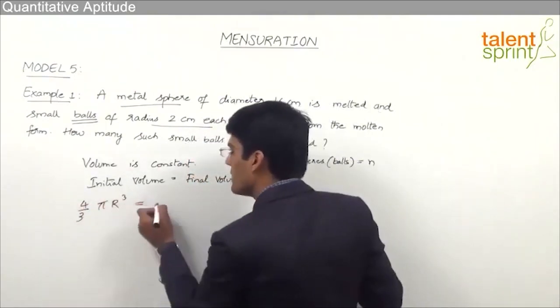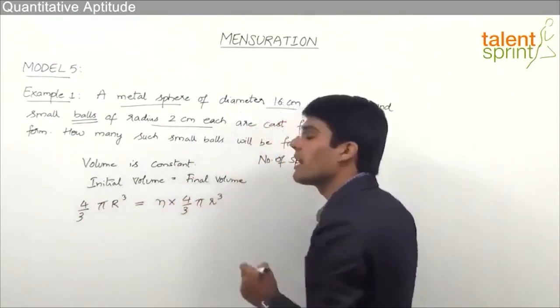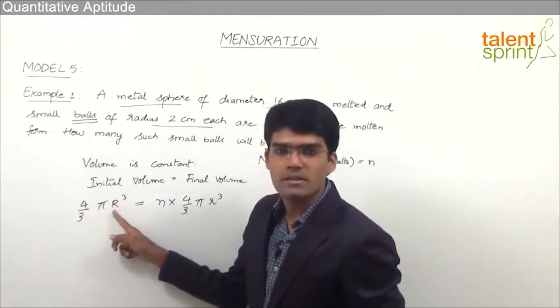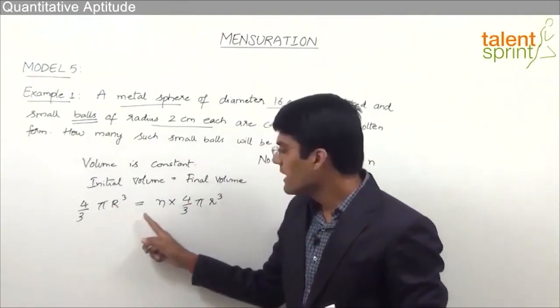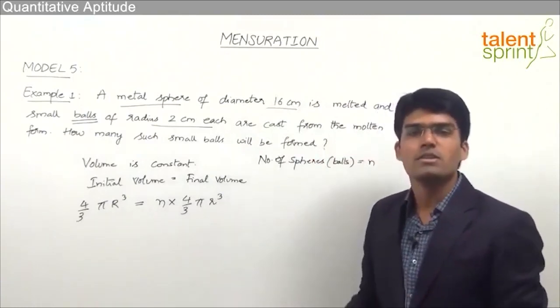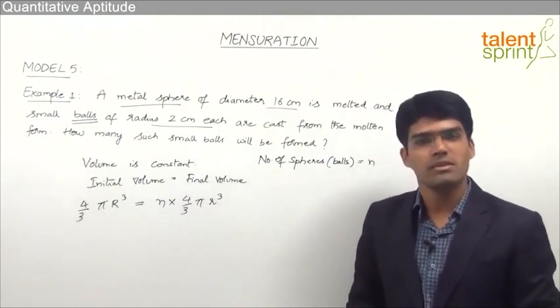This should be equated to n into 4 by 3 pi, let us take it as small r cube. So this is the volume of the larger sphere. Capital R is the radius of the larger sphere, the initial sphere. N is the number of spheres formed, and small r is the radius of each of those small balls which are formed. So by simplifying this equation, we can find out the required answer.